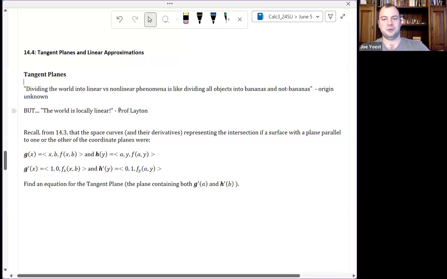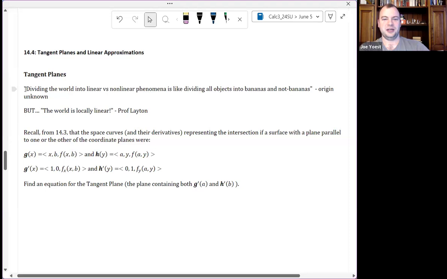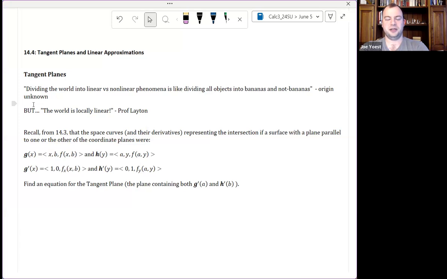Two of my favorite quotes related to these ideas of linear approximations: one of them, I don't know where the origin is or who said it, but it's a funny quote that I think is fairly commonly known in the math world, something like: dividing the world into linear versus nonlinear phenomena is like dividing all objects into bananas and not bananas. So essentially any problem that we're interested in is going to be nonlinear.